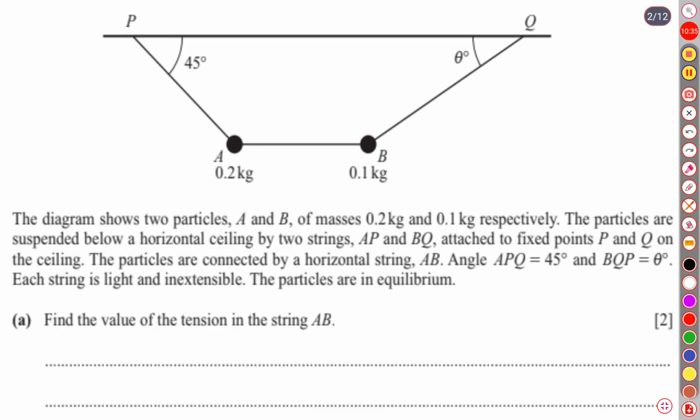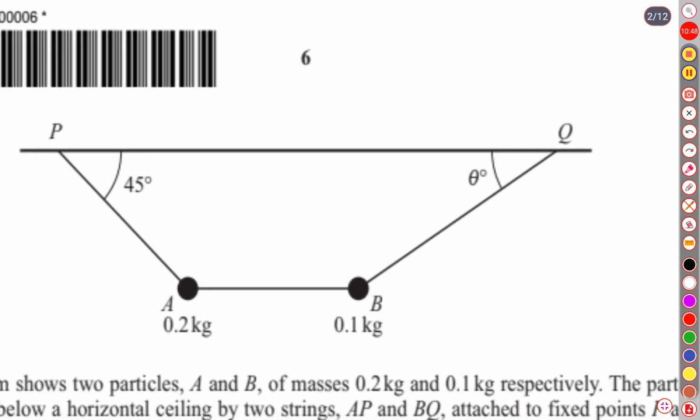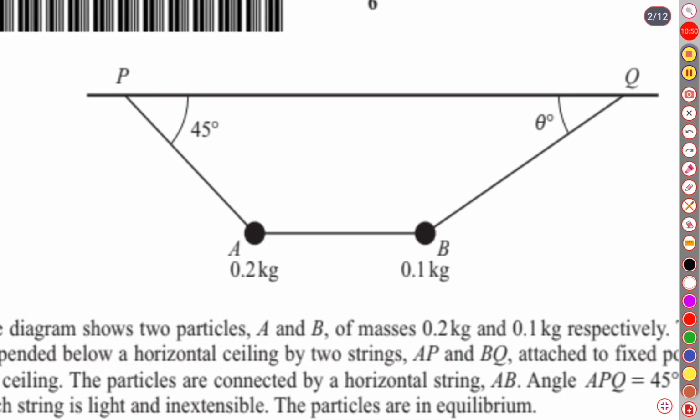Well, first of all, before starting our solution, we should complete the diagram using our right angle triangle. Let's complete the diagram. Here we can join this. After that we can join this.